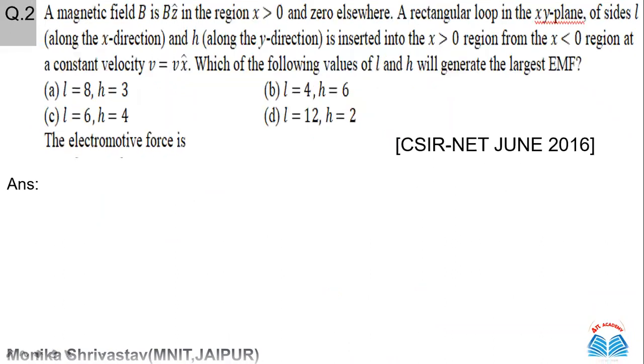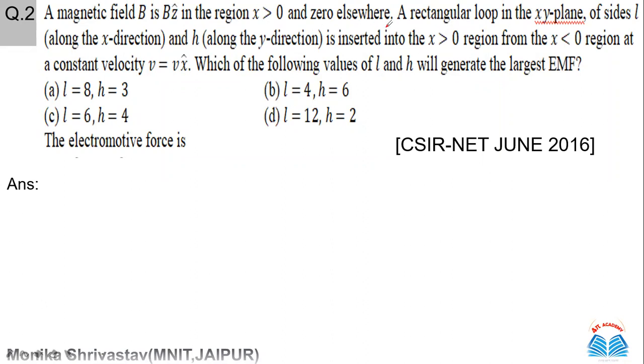Okay. So I am reading now question number 2. That is a magnetic field B. Yes, a magnetic field B is Bz cap in the region x greater than 0 and 0 elsewhere.